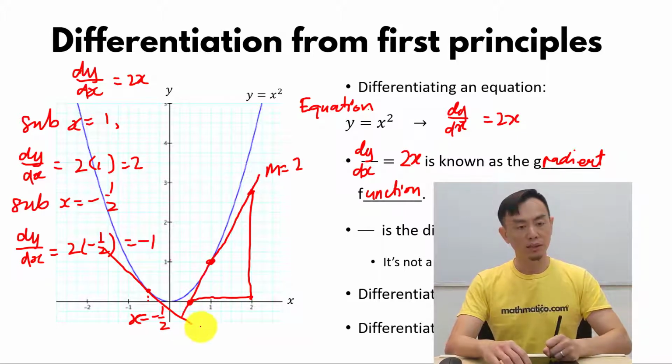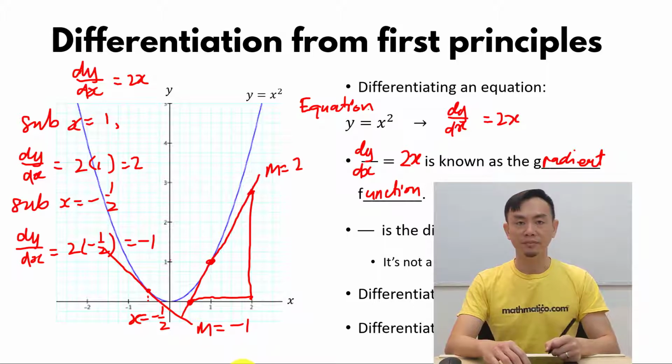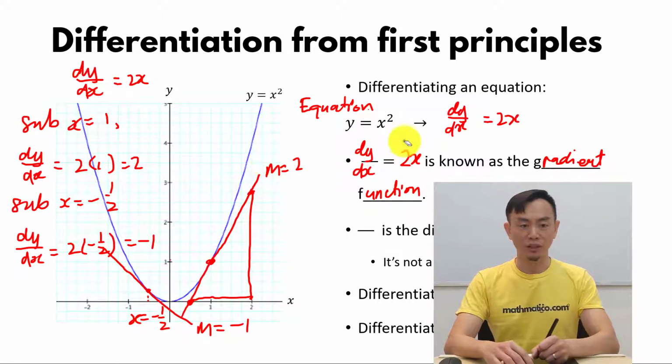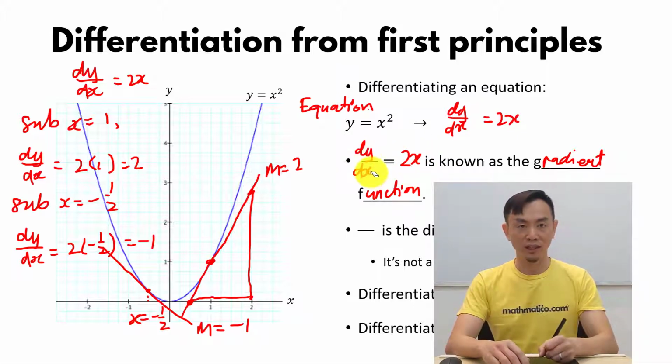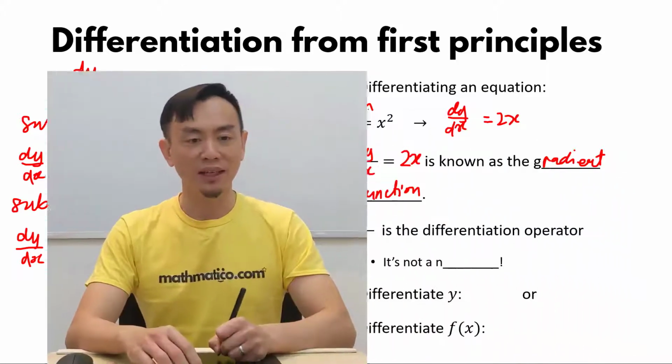So this gradient here is negative 1. So this is the first learning point, that once you differentiate, you get a gradient function. Once you differentiate an equation, y equals whatever it is, you get the gradient function. And if there's an x there, you sub in the x, you will get the gradient of the curve at that particular point. Next, we talk about the differentiation operator, d dx.